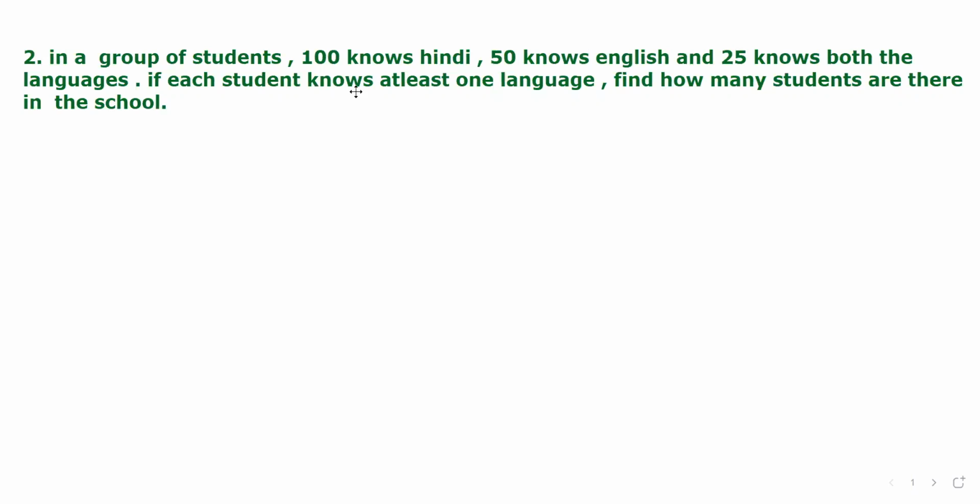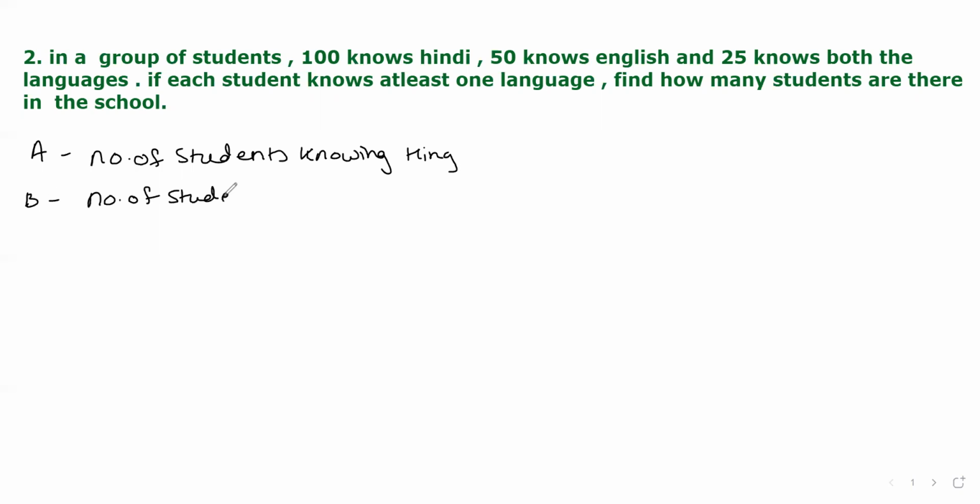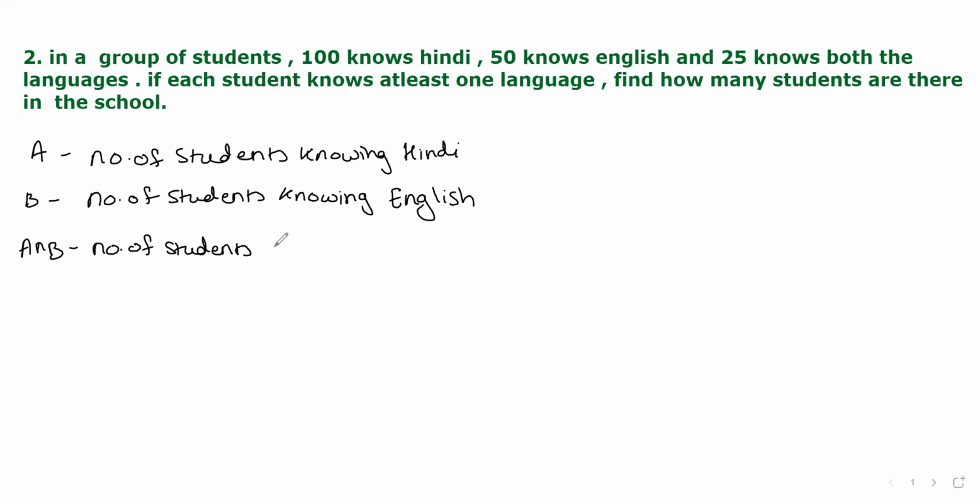Okay, so I will say let A be the number of students knowing Hindi and B is number of students knowing English, and A intersection B is the number of students knowing both the languages.